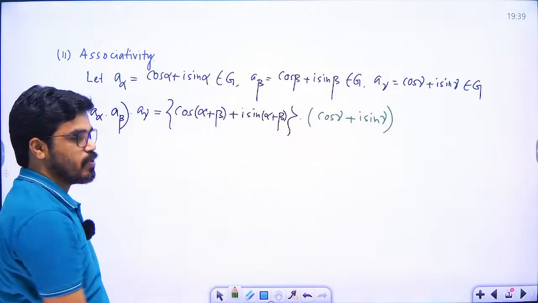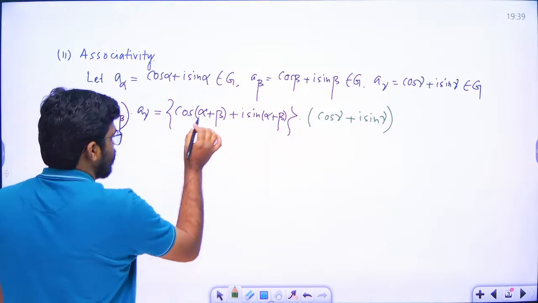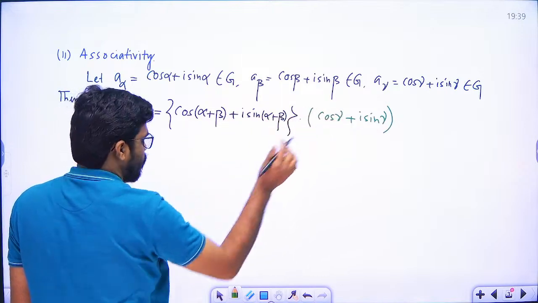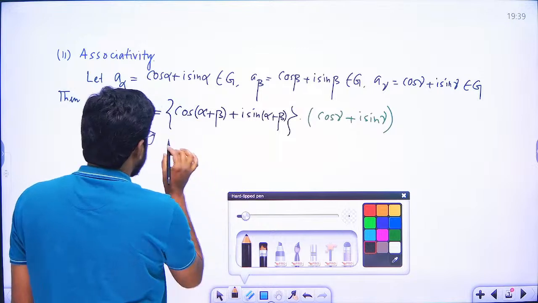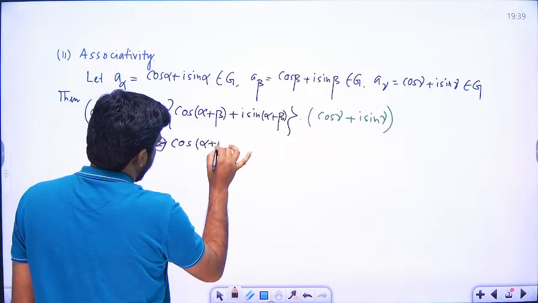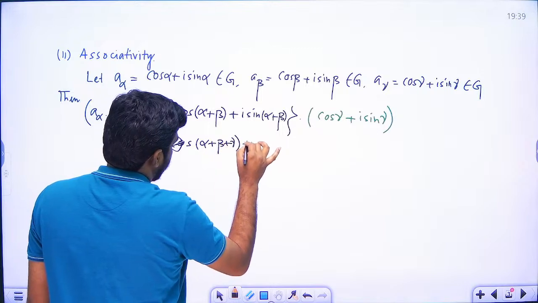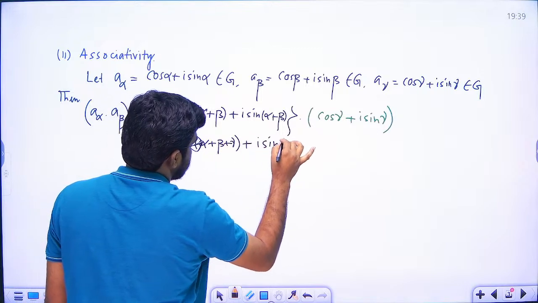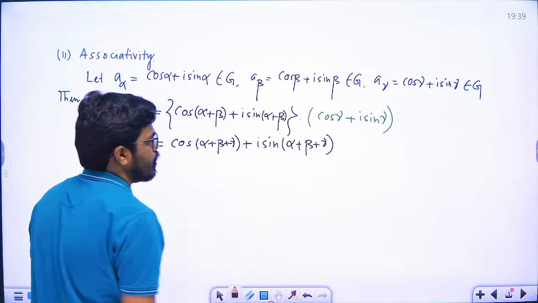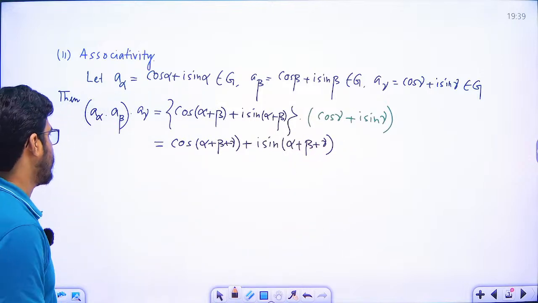So if we multiply this, what do we get? Cos alpha plus beta plus gamma plus I sin alpha plus beta plus gamma, right?